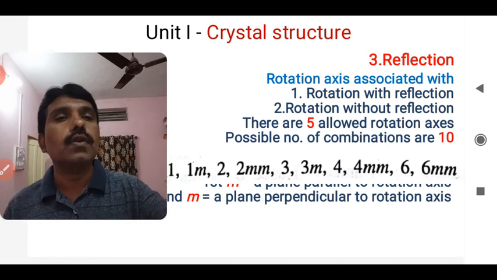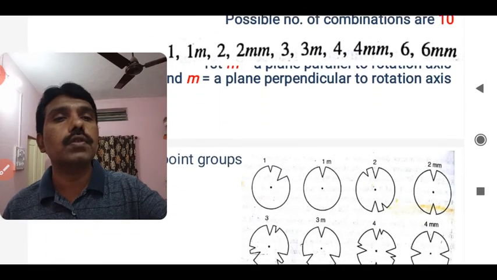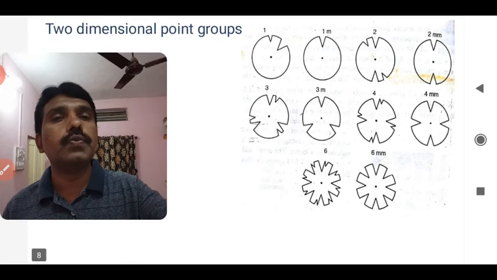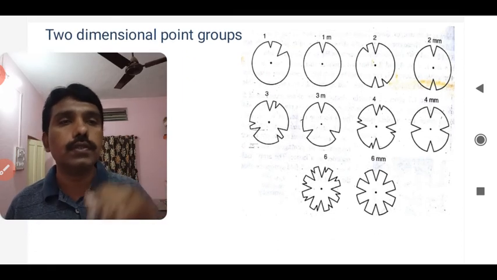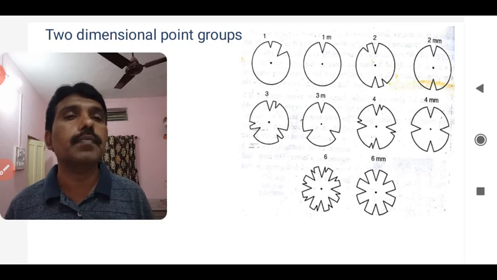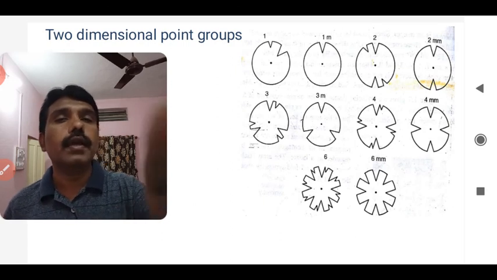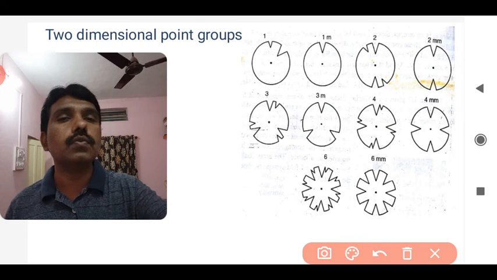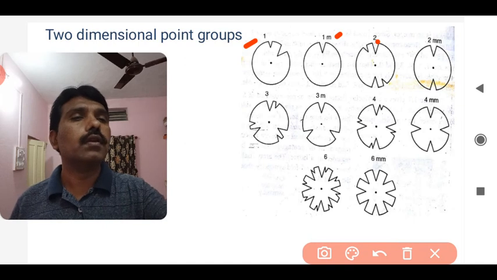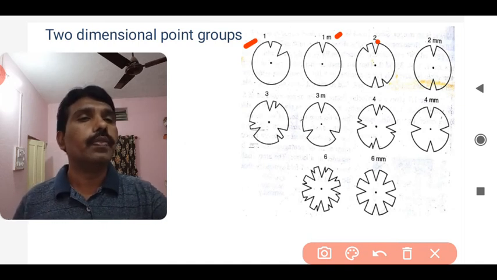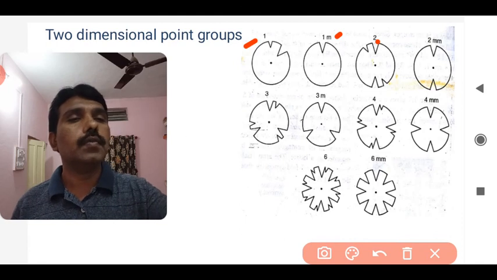So these 10 possible point groups give you the two-dimensional point lattices. These are 1m, 2mm, 3m, 4mm, and here 6 and 6mm are there.